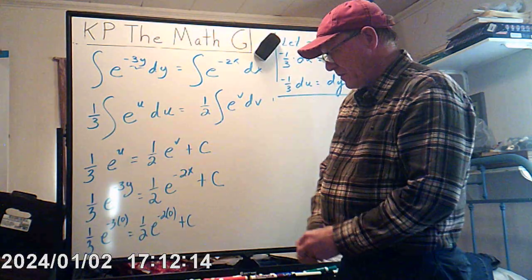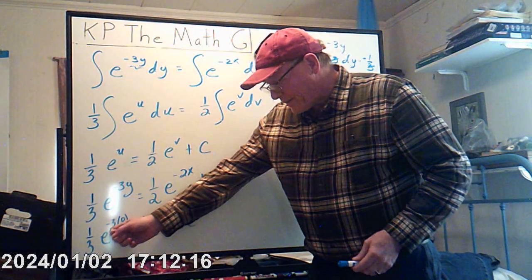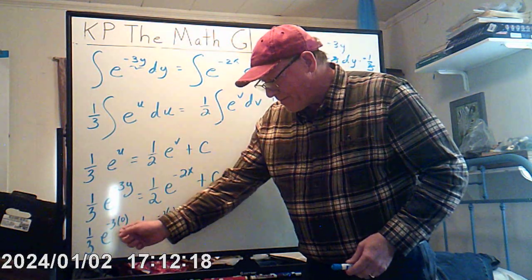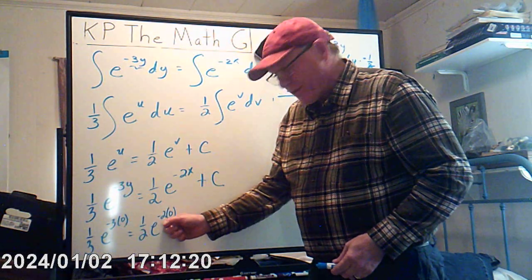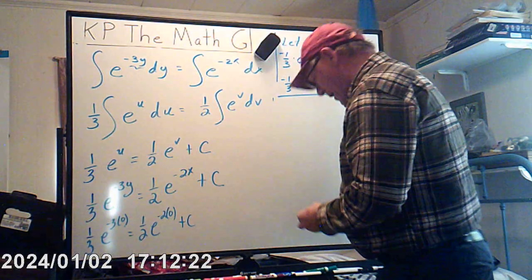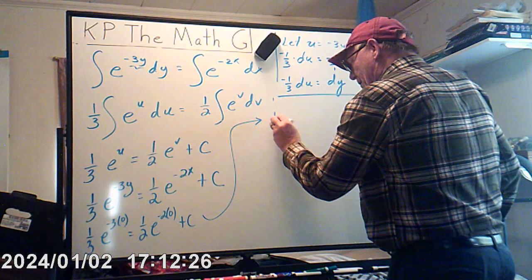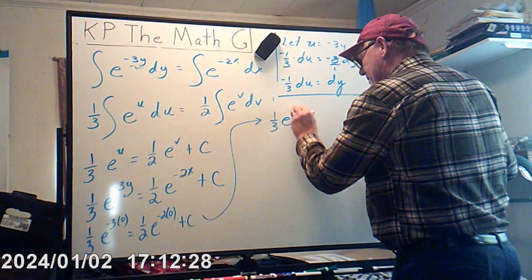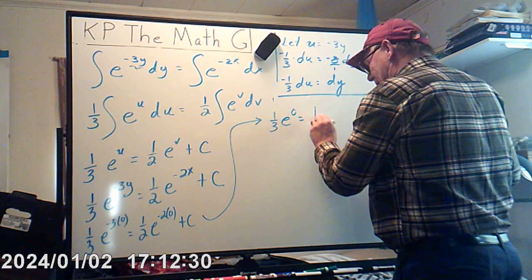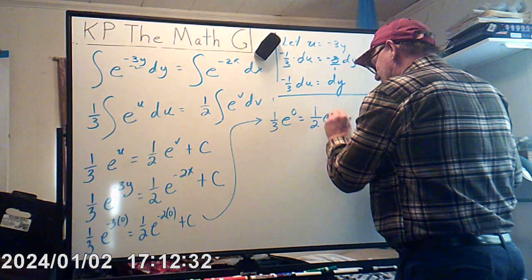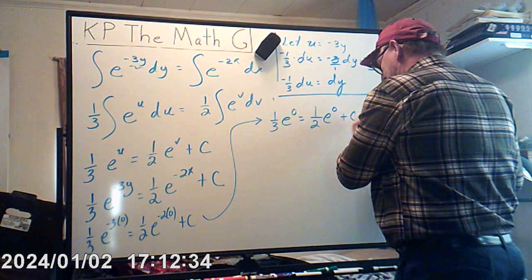Alright, well, at least let's deal with this. This is e to the 0 power, isn't it? So what we have here is 1/3 e to the 0 power is equal to 1/2 e to the 0 power plus c.